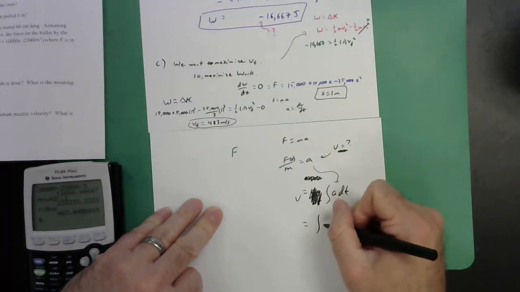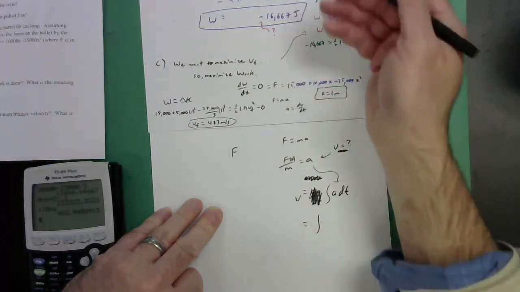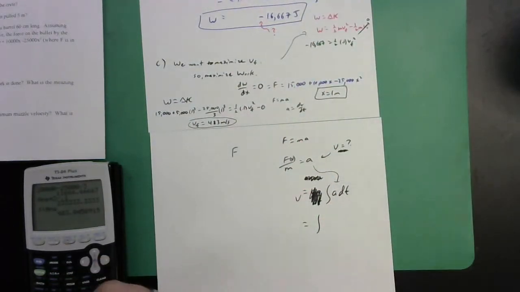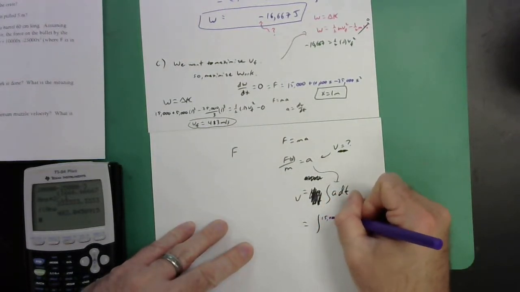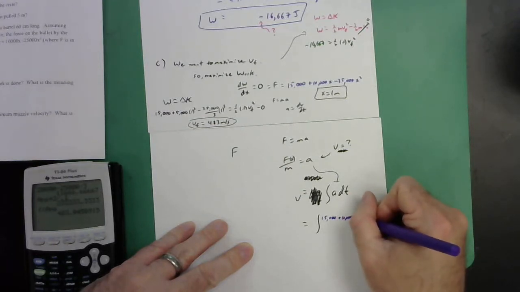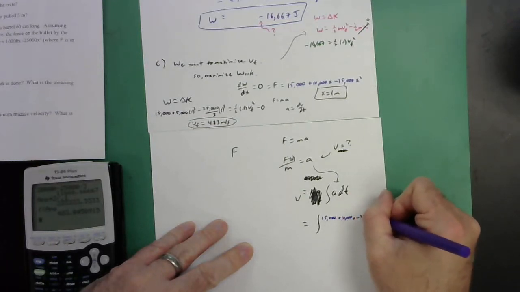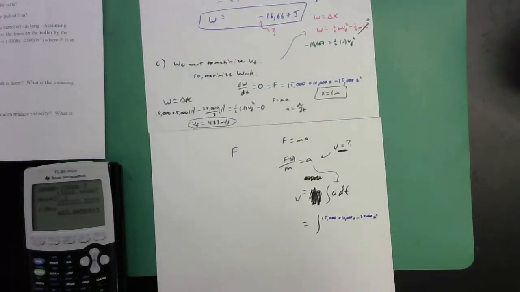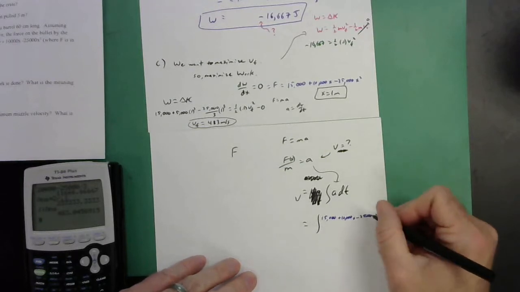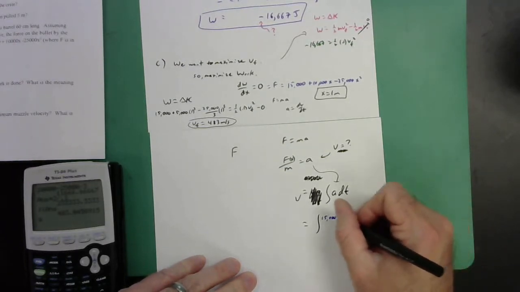So I have this equation that acceleration is that force, 15,000 plus 10,000 x minus 25,000 x squared. But they want to take an integral with respect to time.